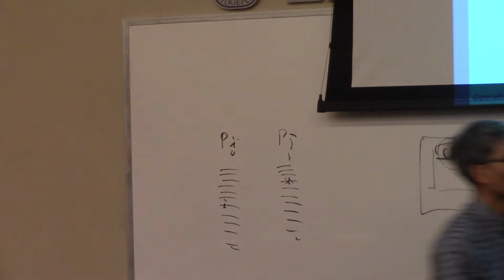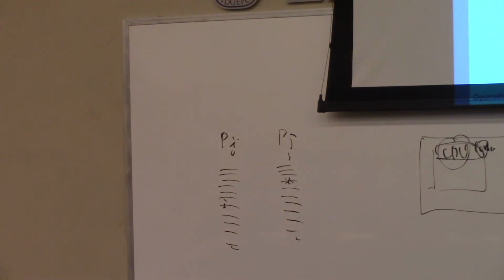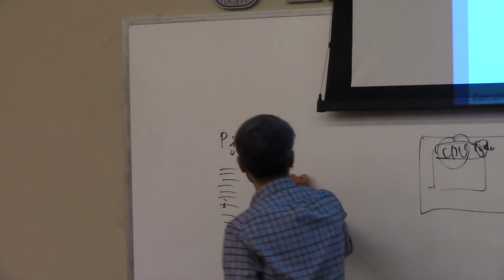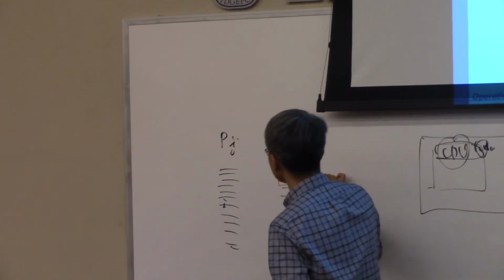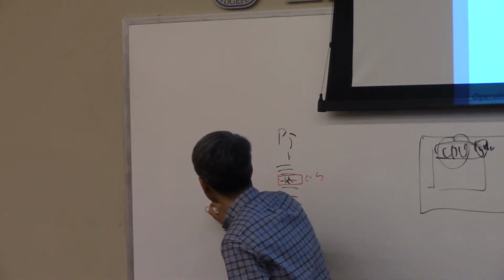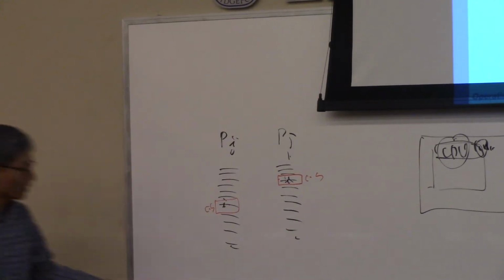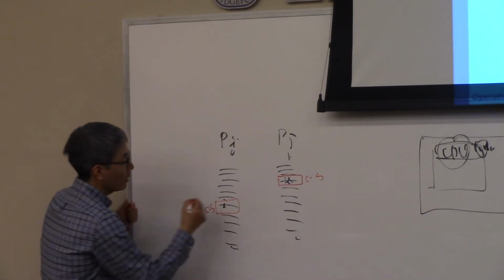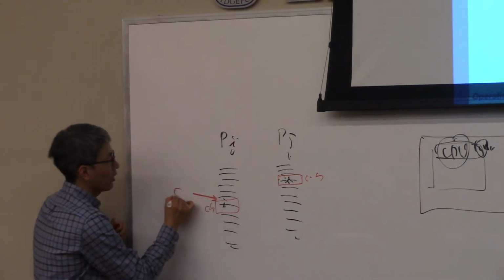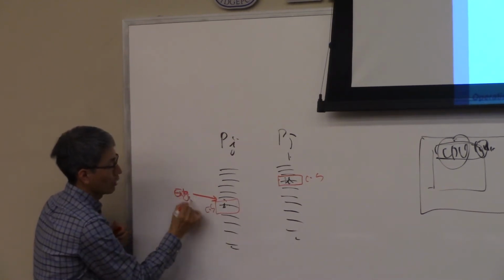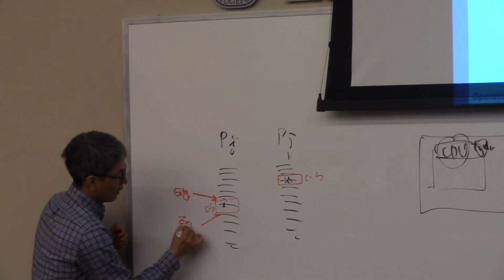So at that time we consider this instruction as the critical section, and also this is a critical section. When the operating system realizes the instruction needs to access the shared data, the critical section, then the operating system executes the entry section code and exit.